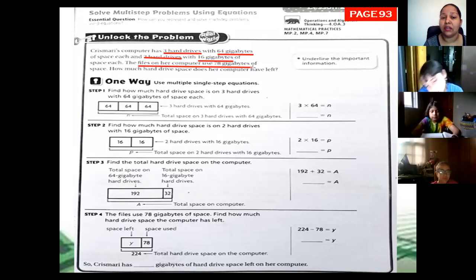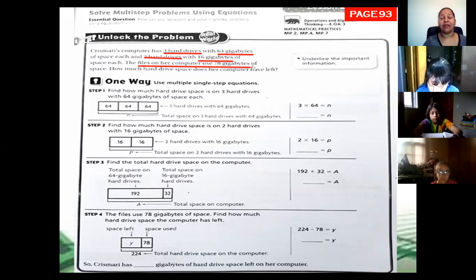Over there, we are going to go to the one way: use the multi-step single step equation. We have step number 1. Andrea, can you read step number 1? Step 1. Find how much hard drive space is on 3 hard drives with 64 gigabytes of space each.